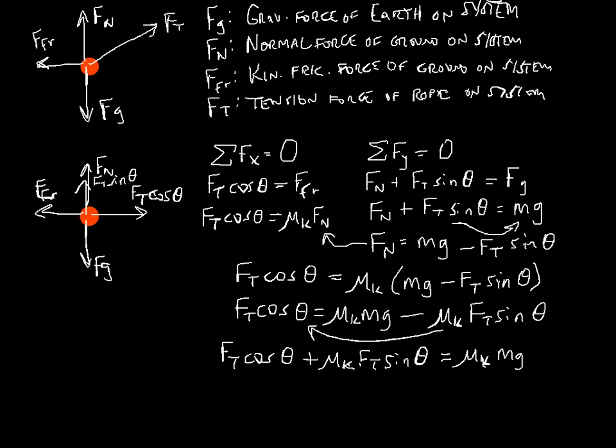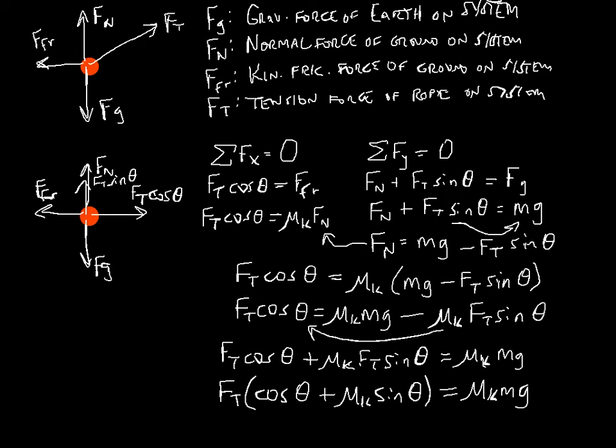Now look at the Ft on one side of the equation, one here and one here. To solve for the Ft, I'm going to have to factor it out. So Ft times, in parentheses, the cosine of theta plus mu k times the sine of theta equals, just leave the other side how it is, mu k mg. And now your final step to get the Ft by itself is to divide both sides by this whole entire thing in parentheses.